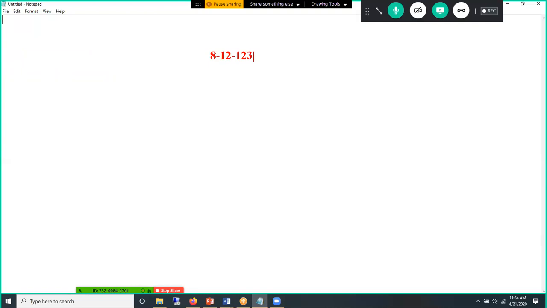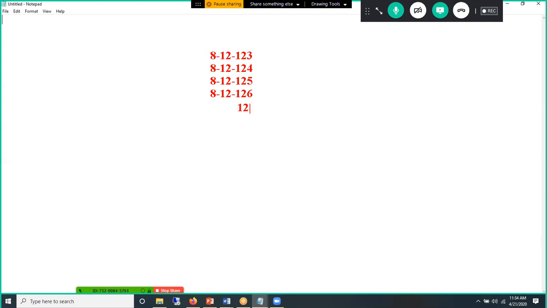I'm not the only person in that area; I also have neighbors. My neighbor's address looks like 8-12-124. One more neighbor has a number like 125. I also have another neighbor with 8-12-126.